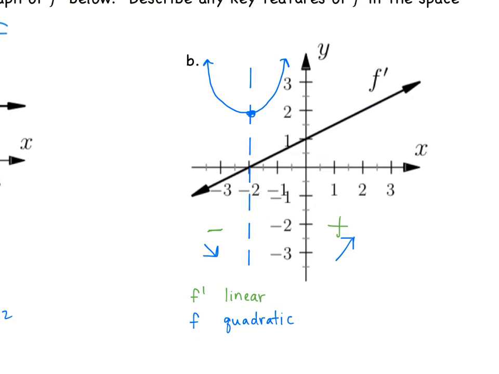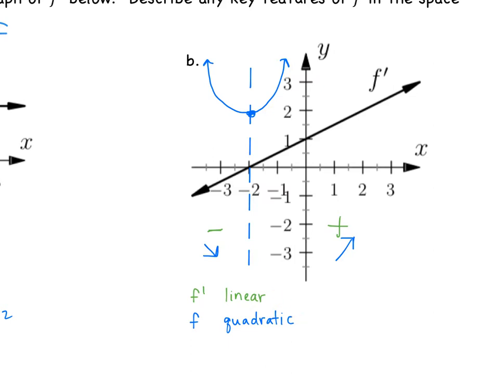Okay, so I noticed that f prime changes from negative to positive at this point, x equals 2. That's where I drew my little dashed vertical line to help me out. Since f prime is linear, we have to think in reverse, which means f is going to be a quadratic.